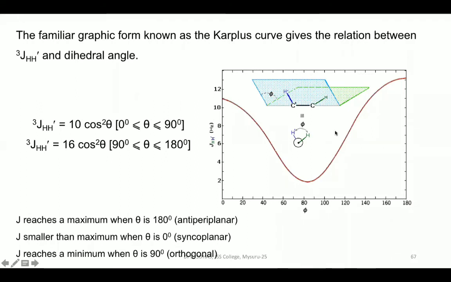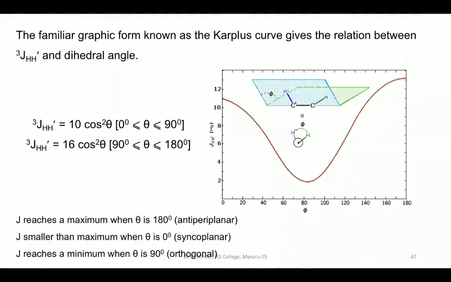We get a curve like this. Here you will see this is the maxima of the curve, this is slightly lower than the maxima, and this is the minima of the curve. You can see the two protons, H and H dash. Both protons are present in different planes. You can refer to it as an open book structure. So the difference between these two planes is called theta, that is the dihedral angle.